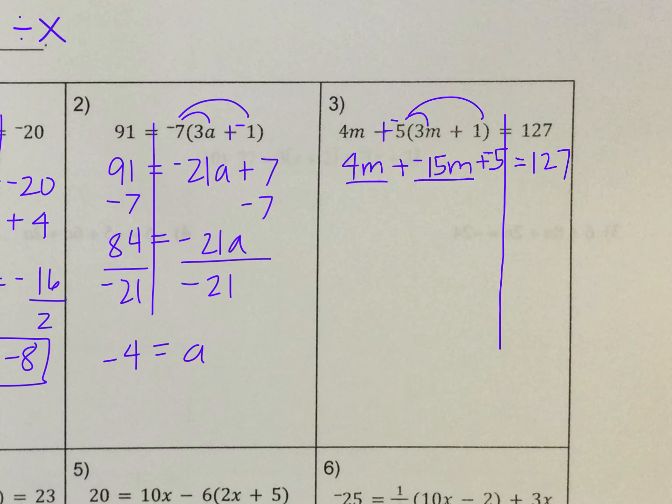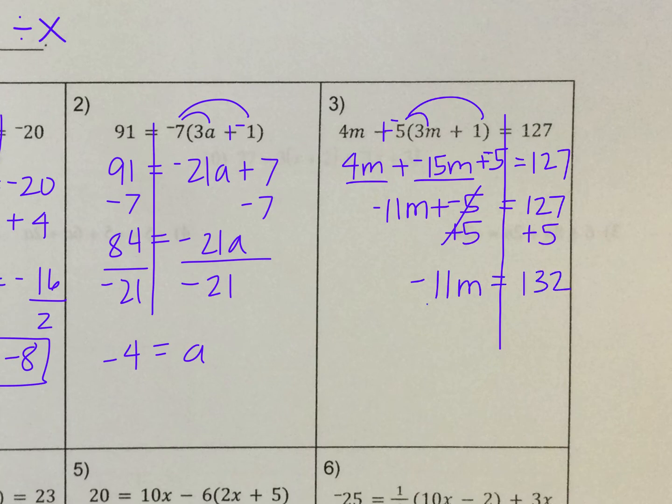Now, I got to put these guys together with old school baby math because they are the same. 4 plus negative 15, that's negative 11m plus negative 5 equals 127. Now I'm going to move that negative 5 by adding them. Negative 11m equals 132. Divide by negative 11. M equals negative 12.